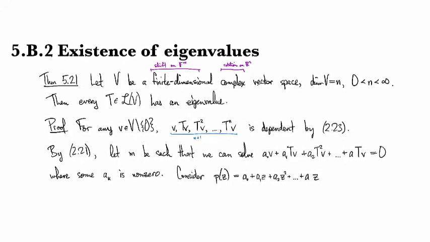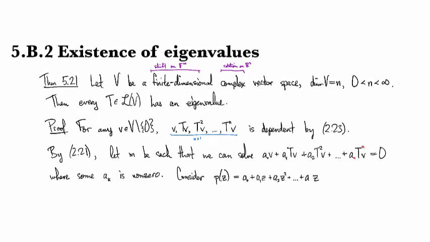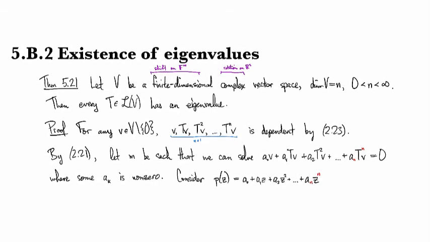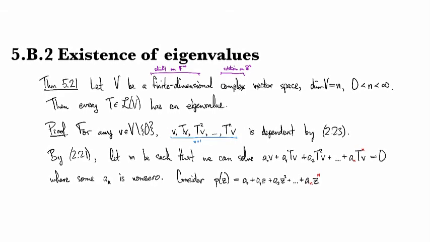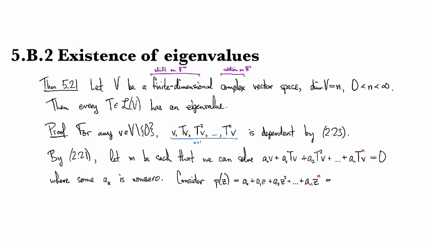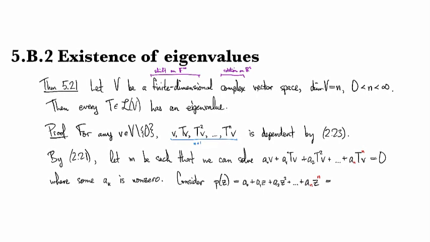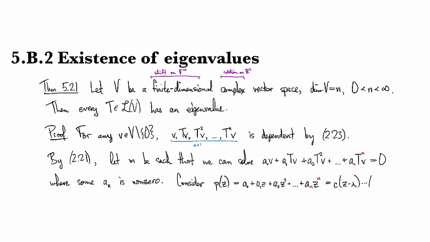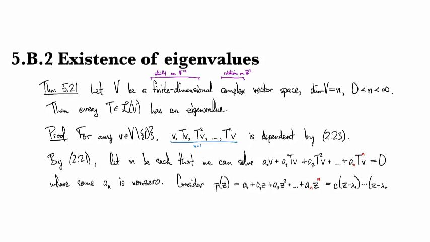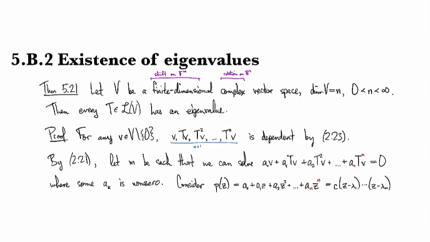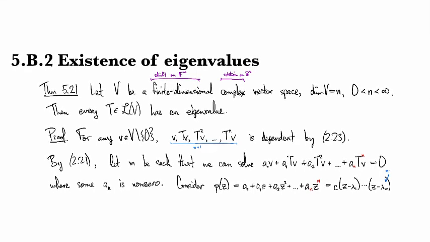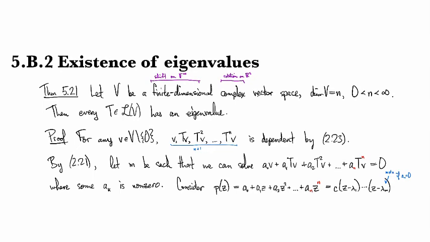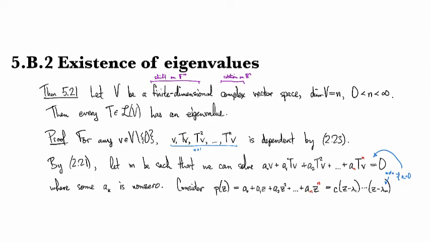Let me call these guys a_m, T^m, and z to the m. And then we can factor this by the fundamental theorem of algebra. Here we might have that m is not equal to n if a_n is equal to 0 in this dependence relation right here.